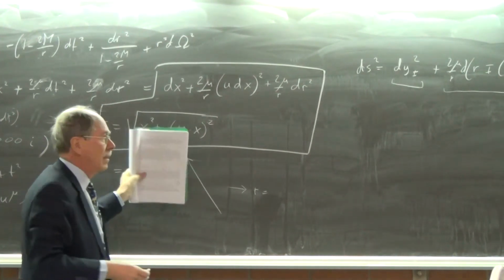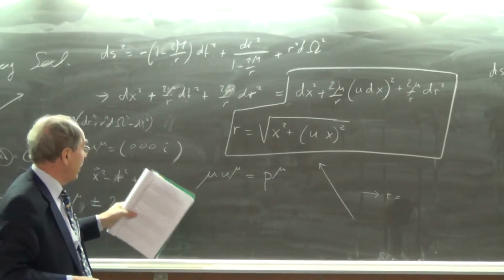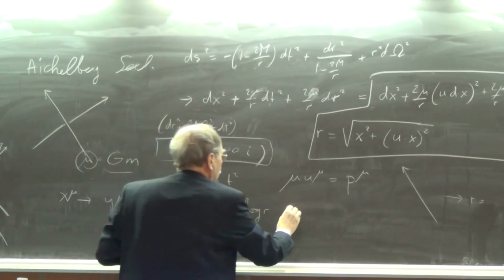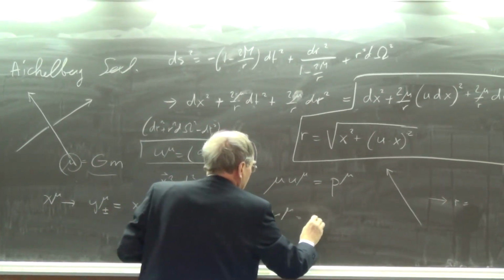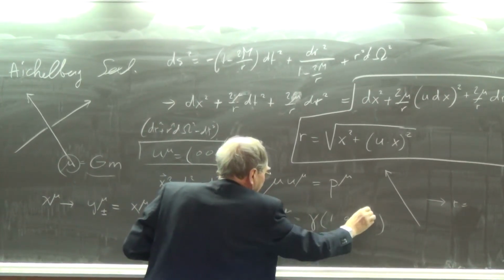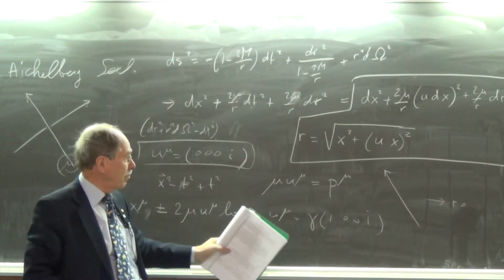U, when it's boosted, becomes a very large vector. Here, the vector u is small, but when you reverse transform it, u will go like some gamma factor times 1. And the larger your gamma factor in the reverse transformation, the bigger u becomes.